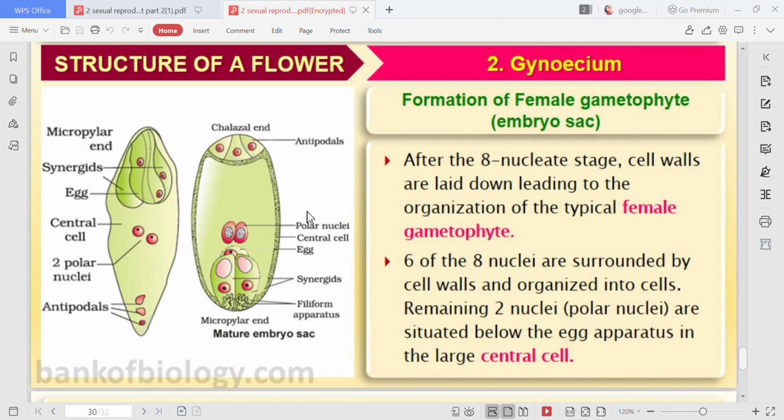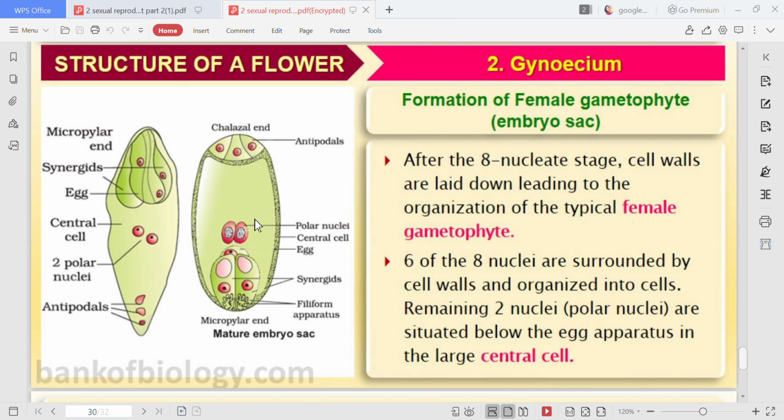So you see, towards the chalazal end, the cells are named antipodal cells. Towards the micropylar end, 2 cells are synergids and 1 is the egg cell. The one in the center is called the central cell, which is having two polar nuclei.